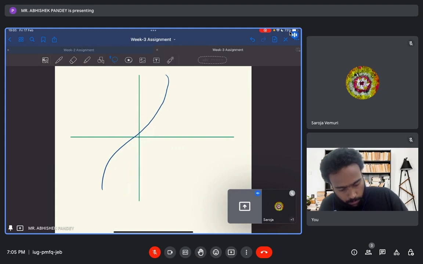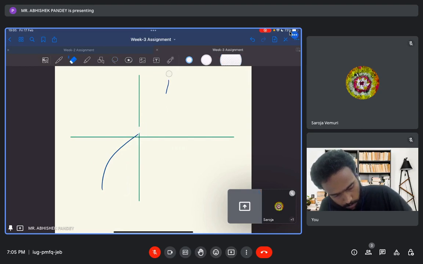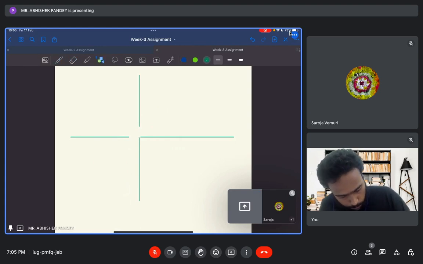Okay, so you consider this graph. So consider a graph like this.